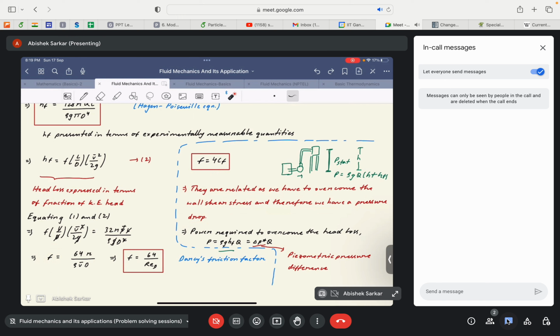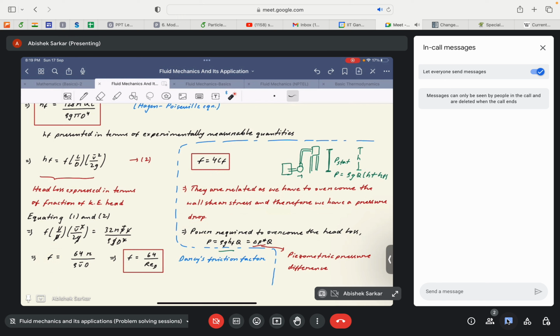Okay, so there is one more important mathematical definition, that is the power required to overcome the head loss. So usually in pipes we use additional machinery to overcome this head loss.